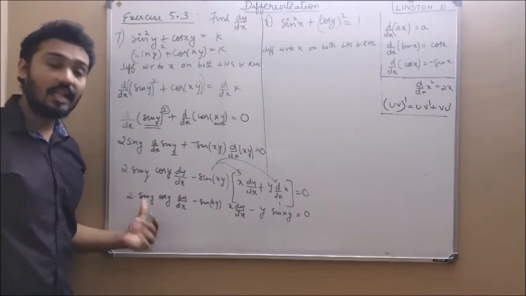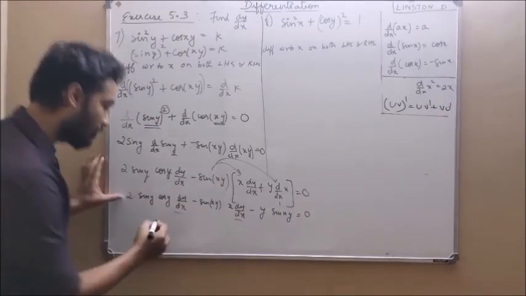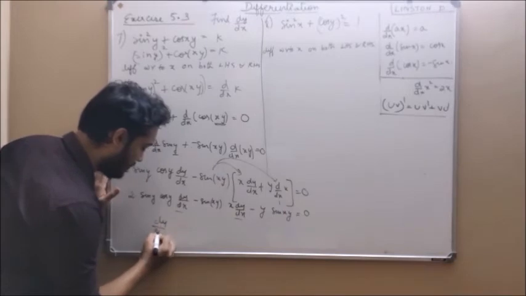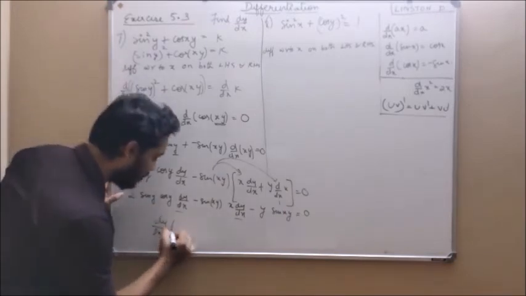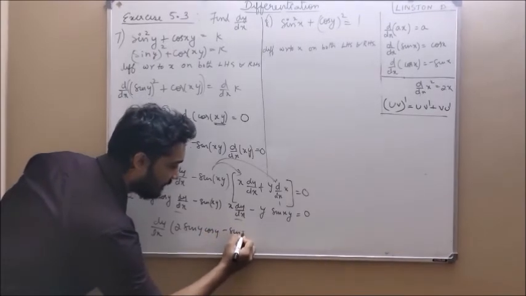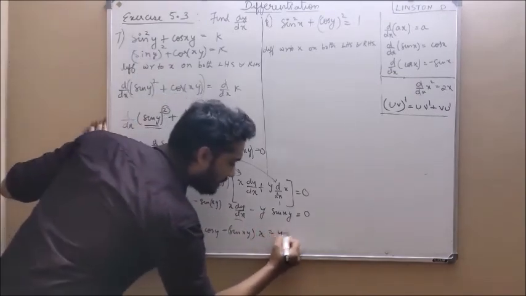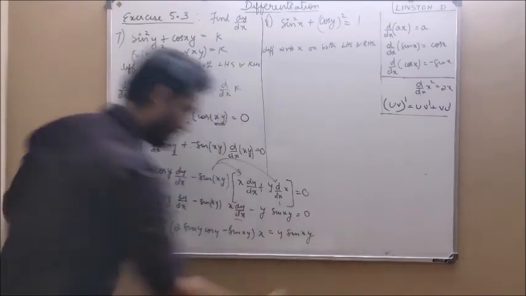We get this. Now take the dy by dx terms together and take the rest to the other side. So you get dy by dx separate. So it is 2 sin y cos y minus sin xy into x. Take this to the other side, so it is y sin xy.